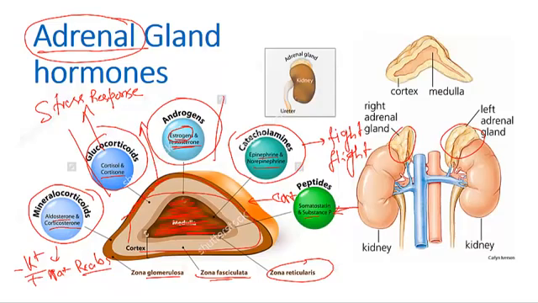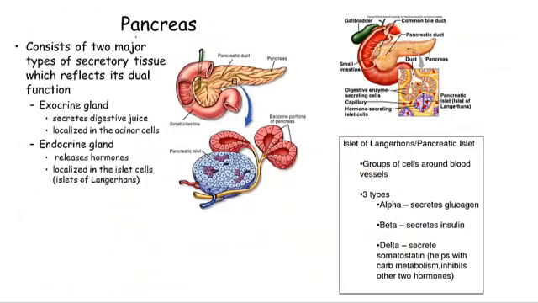Now let's move to the next organ, that is the pancreas. It's a different organ, but the pancreas is involved not only in digestion, because it secretes some chemicals that help in chemical digestion of food, but besides that, the pancreas also has an endocrine activity. It has two types of activity, as I told you, exocrine as well as endocrine.